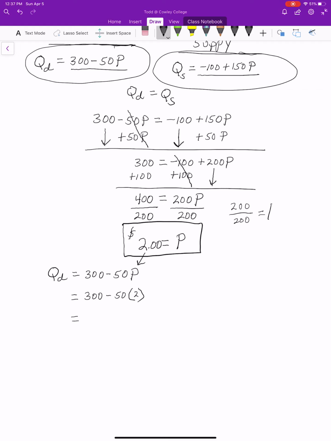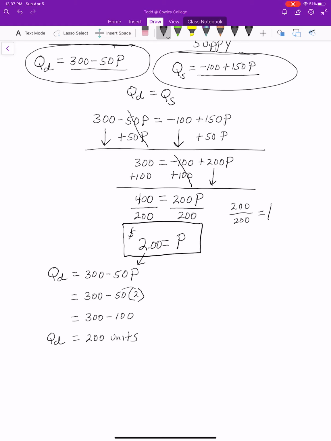All right, solve it out. So we have 300 minus 50 times 2 is going to give you 100. So our quantity that is demanded is going to be 300 minus 100, which is going to be 200 units of the good.